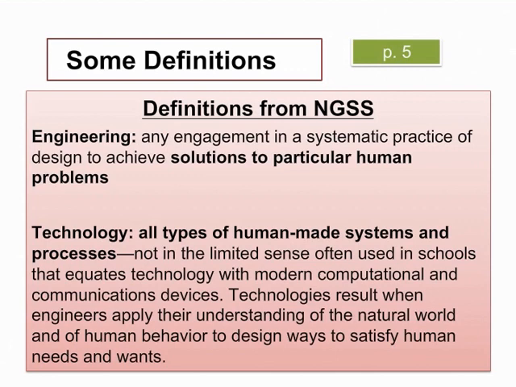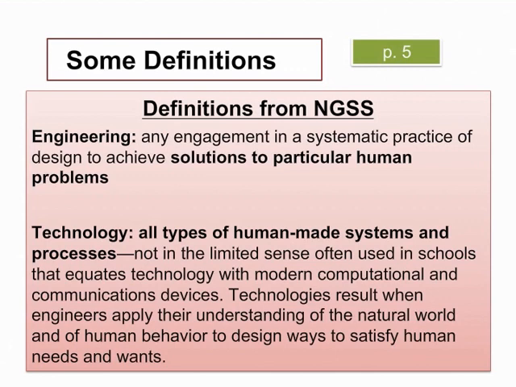For the definition of technology, we have all types of human-made systems and processes. So any human-made system or process, that would be a type of technology. And then this goes on to talk about not in the limited sense often used in schools that equates technology with modern computational and communication devices. So similar to what we were talking about on the last slide, we're not just talking about tablets and phones and laptops.